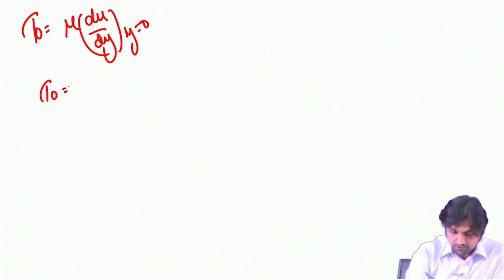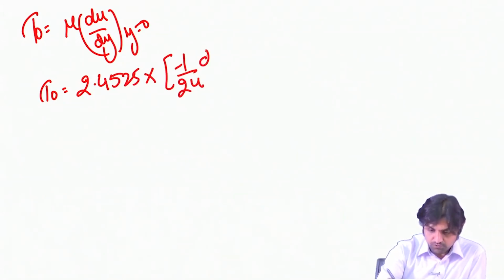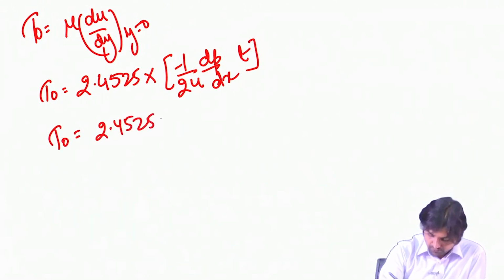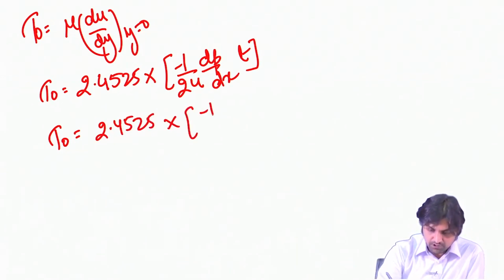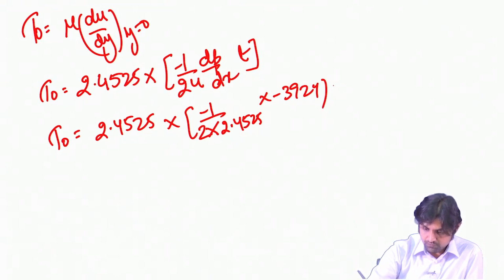Therefore tau naught is going to be 2.4525 into minus 1 by 2 mu dp dx into t, or tau naught is equal to 2.4525 into minus 1 by 2 into 2.4525, and dp dx was minus 3924, into 0.1.